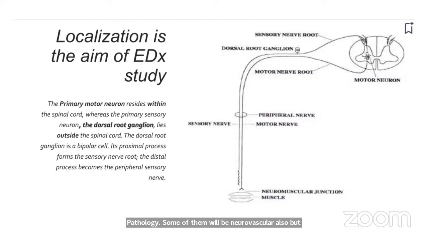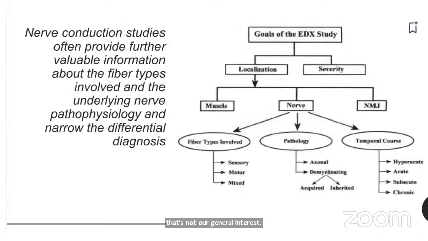So, what are the goals of a diagnostic study? One is to localize, the other is to find the severity. In localization, you have to group them into either muscles, nerves, or the neuromuscular junction. And the fourth one, as I said, could be a central nervous system pathology.